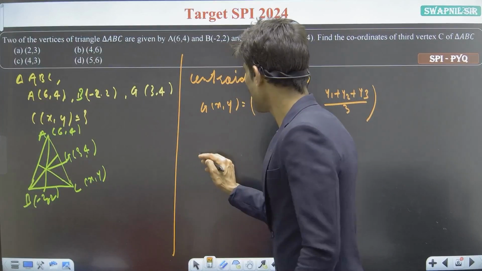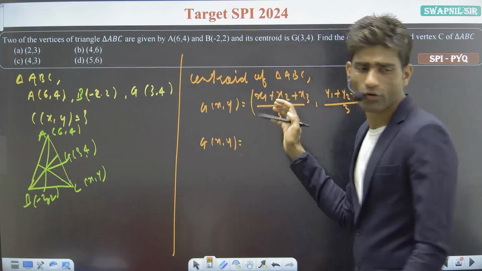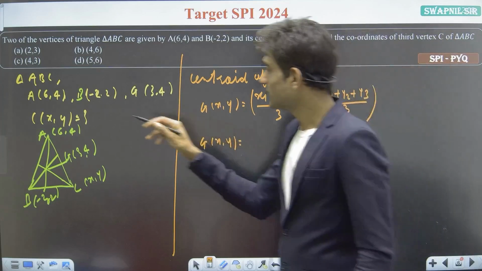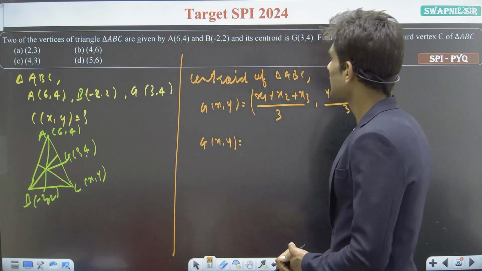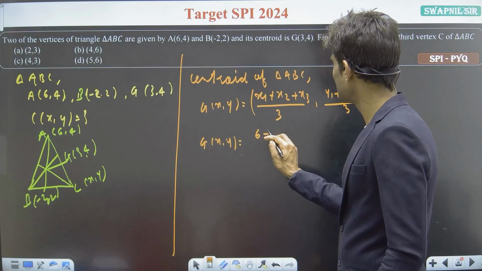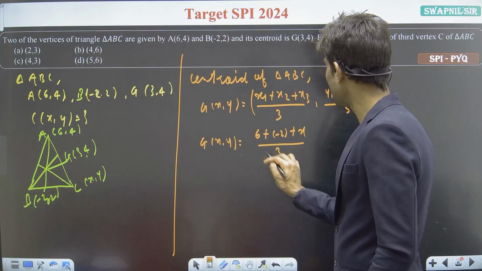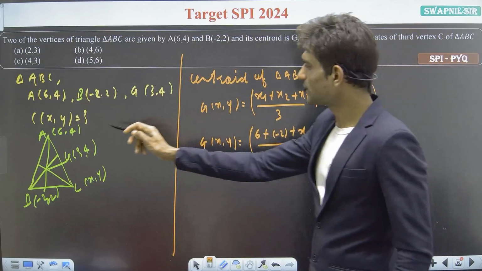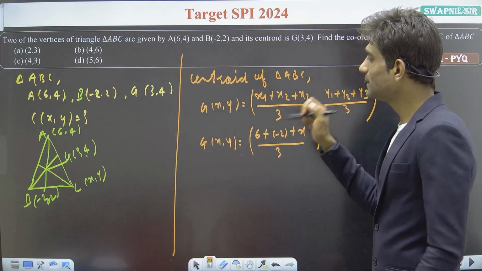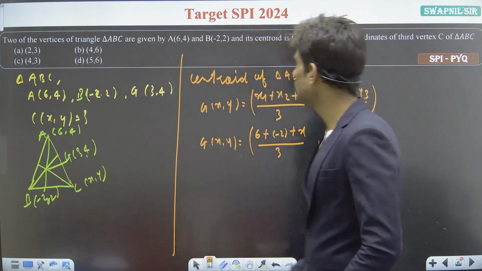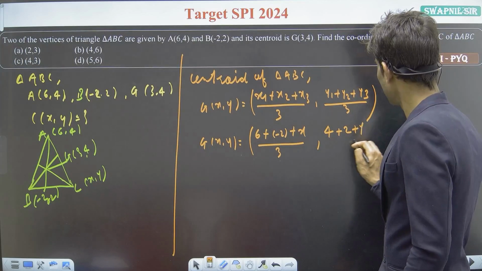Now let's go for substitution of the values. So G of x, y can be written as the addition of all x1 plus x2 plus x3. That means 6 plus minus 2 plus x divided by 3. That is the first coordinate. Similarly for the y coordinate, 4 plus 2 plus y divided by 3.